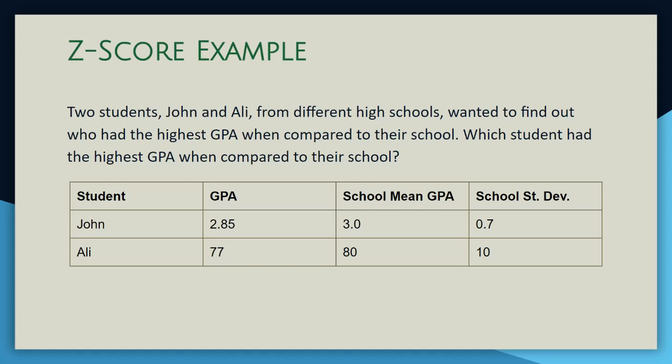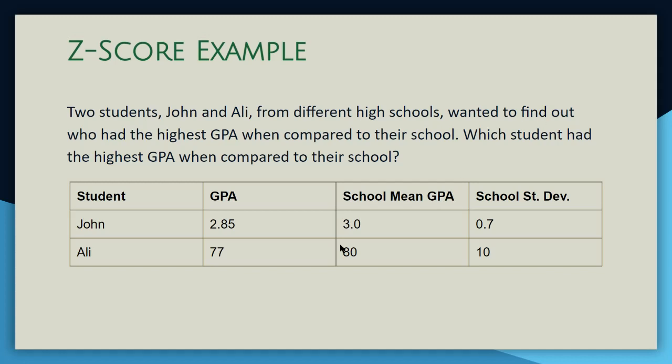On the other hand, Ali's got a GPA of 77, a school mean of 80, and a standard deviation of 10. So right off the bat, I can see that John's school and Ali's school are using completely different grading systems. That means that I can't compare their GPAs directly.